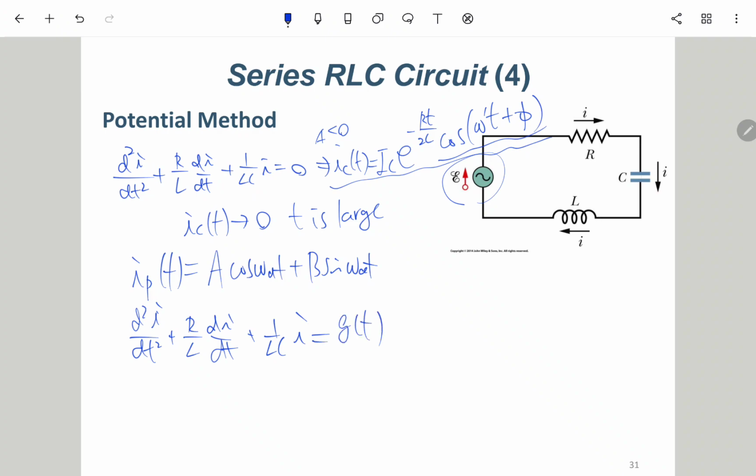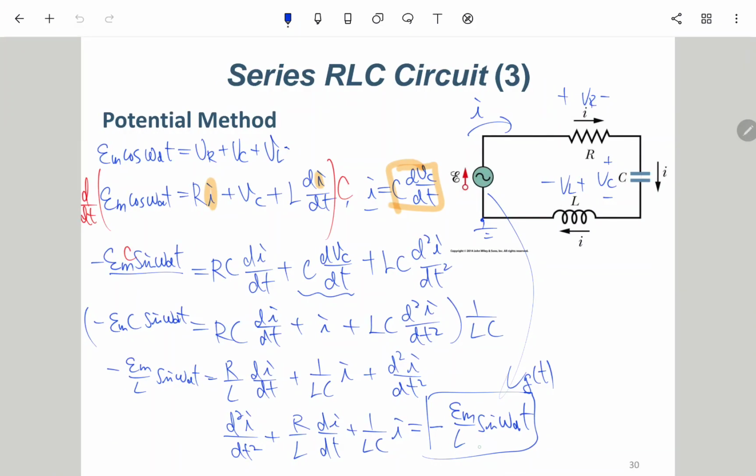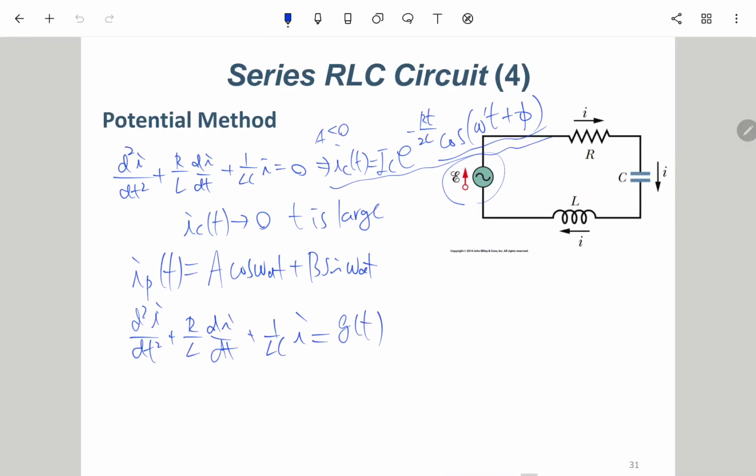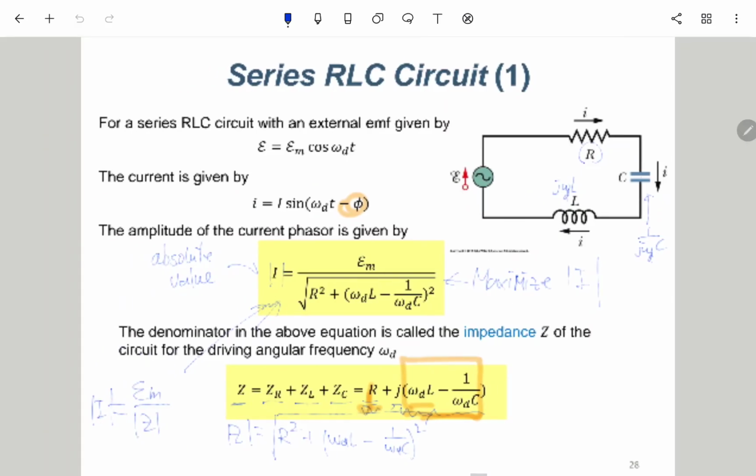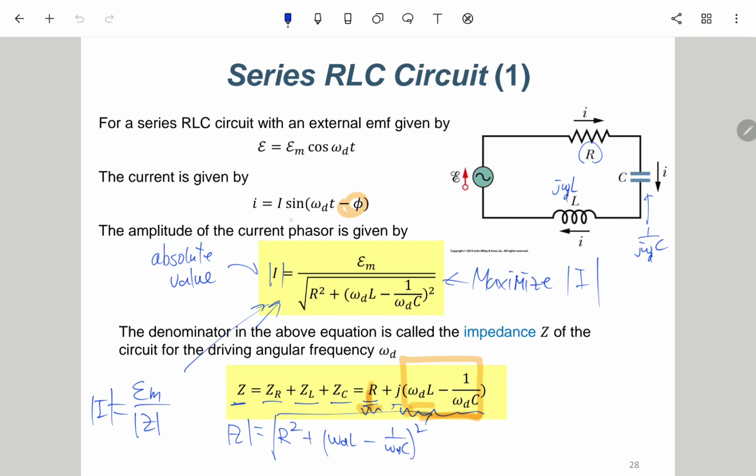That G of t is actually this one, negative EM over L times sine of omega dt. We assume the cosine and sine with the same frequency, and then we try to find this A and B, and finally convert it to a sine. It turns out to be something like this.